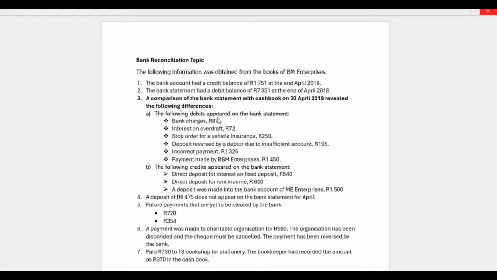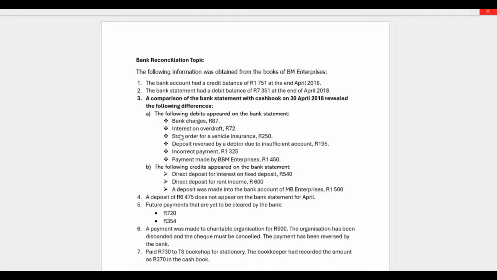So it did not appear in the bank account, which is the book of the business. So it means there was an omission of 87 rand in the book of the business, which is the bank account or cash book. We need to fix that one as well.